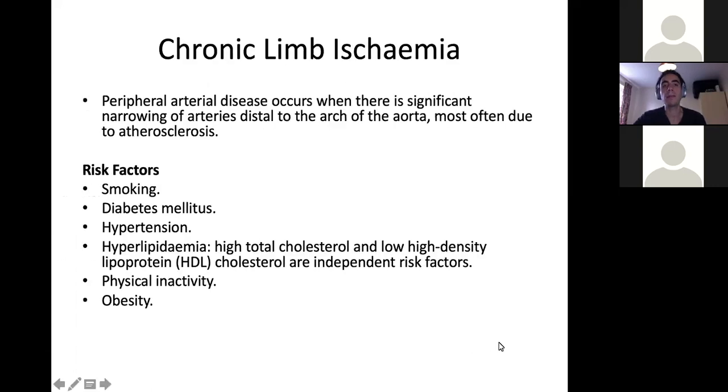So chronic limb ischemia, as we said, we need to think about the risk factors, and essentially they're similar to cardiovascular risk factors like smoking, diabetes, hypertension, high cholesterol, and lifestyle, essentially inactivity and obesity. It's important to remember these risk factors because the management of chronic limb ischemia is essentially tackling these risk factors.